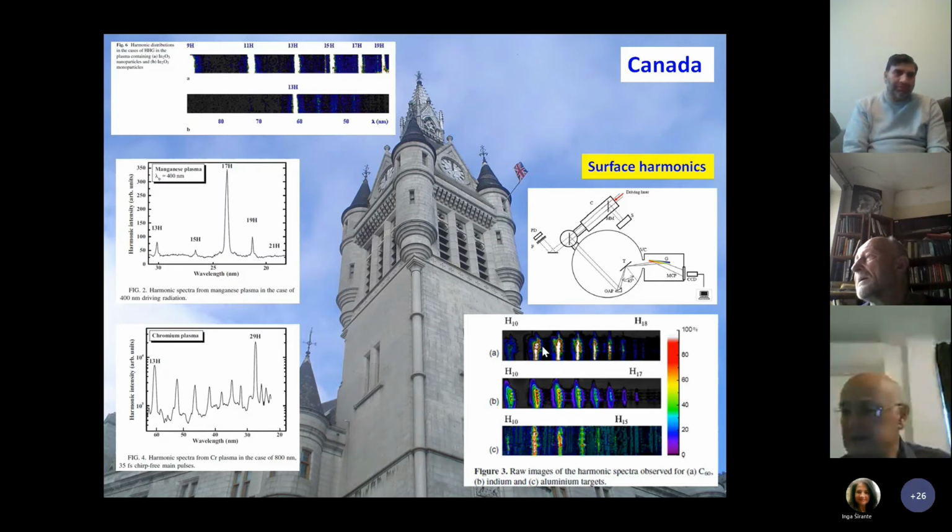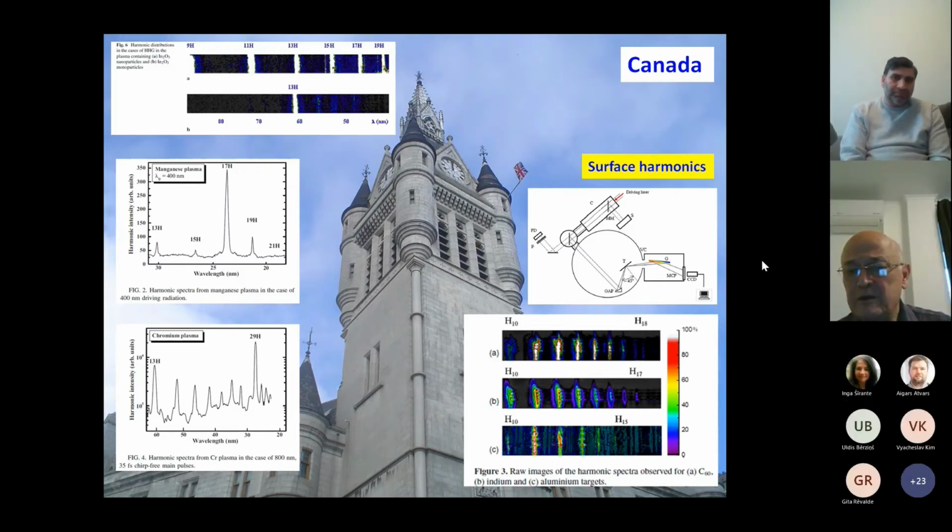By analyzing them, we can make judgments about the atomic structure and about optical properties like oscillator strength.